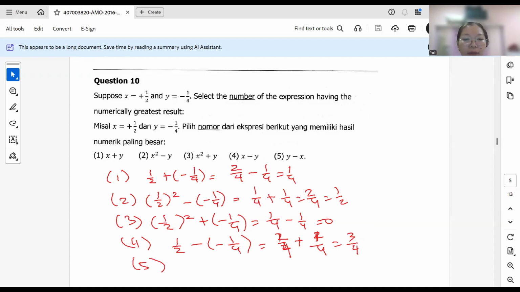And number 5 is going to be minus, so it's impossible. So the largest is number 4. The answer is 4.